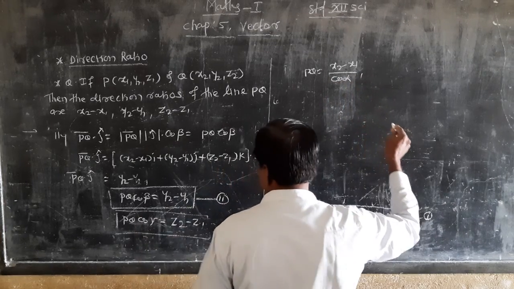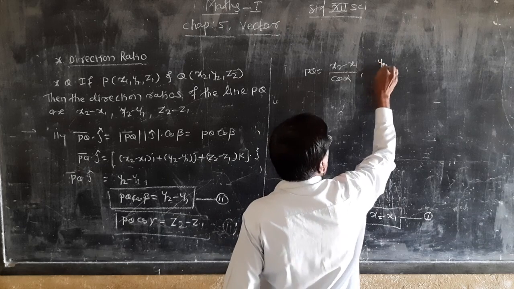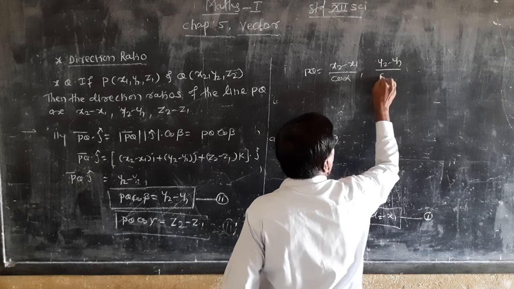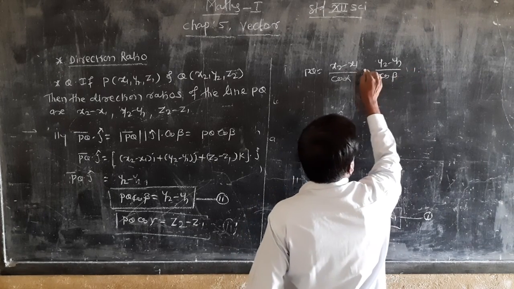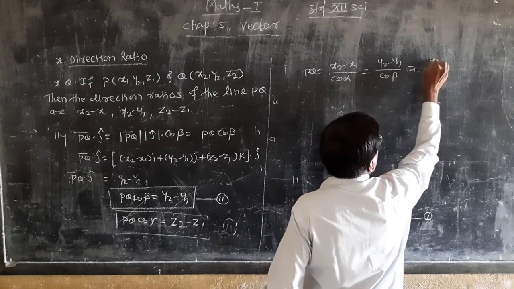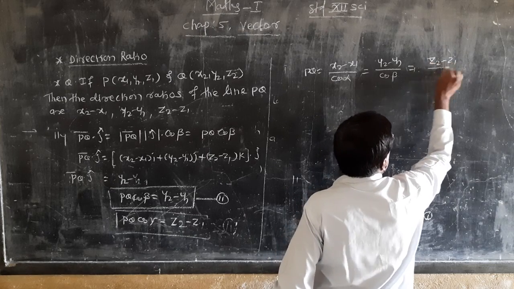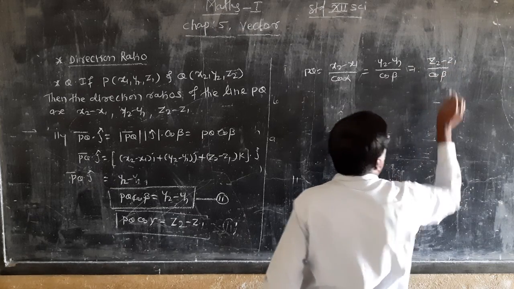Similarly, we get y2 minus y1 upon cos beta, and again equal to z2 minus z1 upon cos gamma.